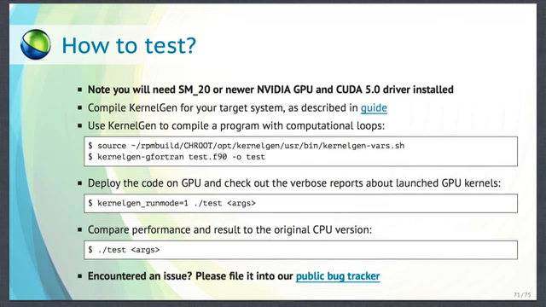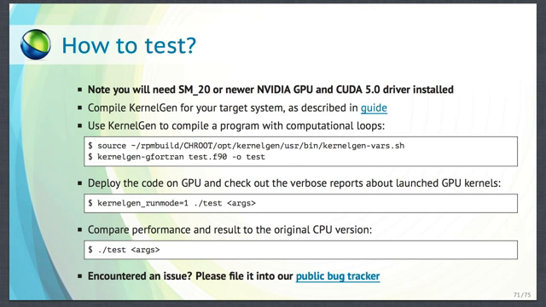Although it's prototype, it's currently ready for testing. So if you would like to test, please welcome. You'll need a fairly modern GPU, Fermi or Kepler. You will need recent CUDA driver and a bit of patience to follow the installation guide.